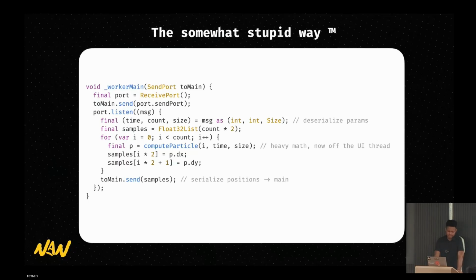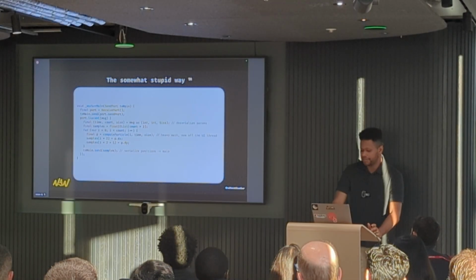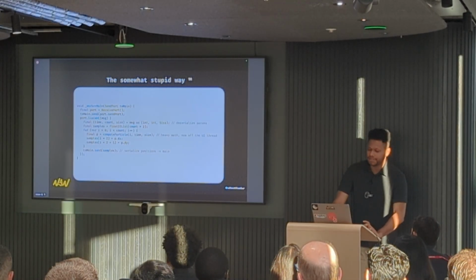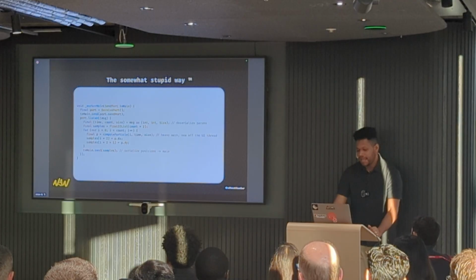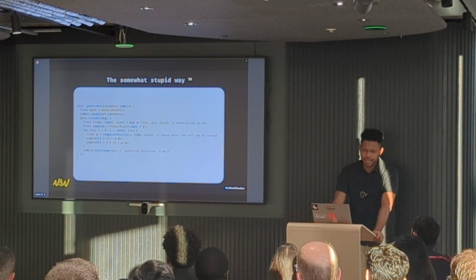This is roughly how an isolate would look like. I try to be very representative here; probably there are some bugs in this. It has a receive port, and then we receive the inputs. In this case, it's the count, the amount of particles we have, the size of the viewport, and the delta time, it could be more. Then it produces the Float32List and sends it back to the main isolate.